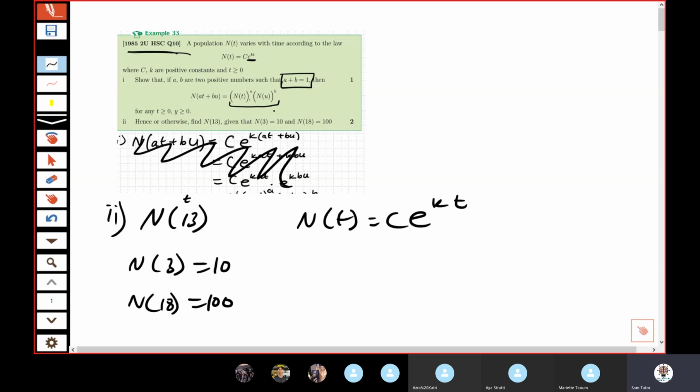Let's see how they want you to bring it in. 18. How are you guys trying to link this? Let me see if I can link this for you guys before doing it a different way. N of 13. N of 3, so t is 3.